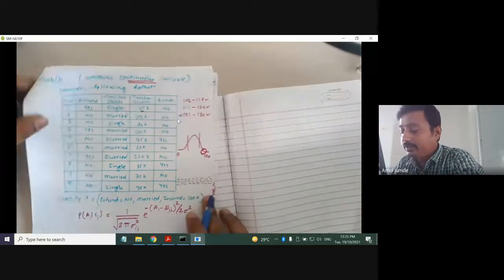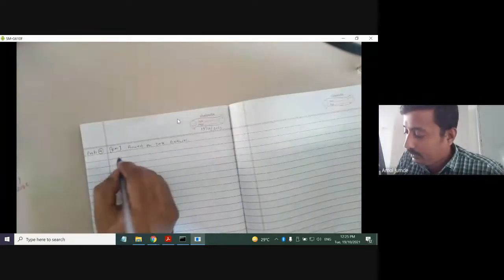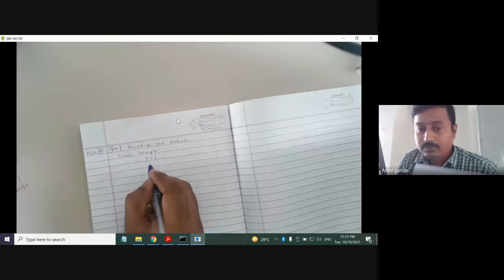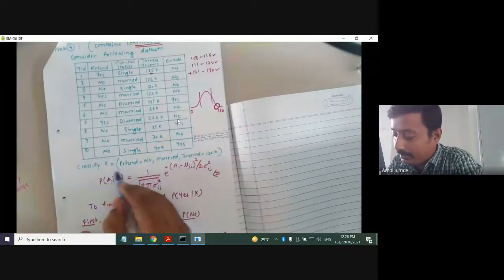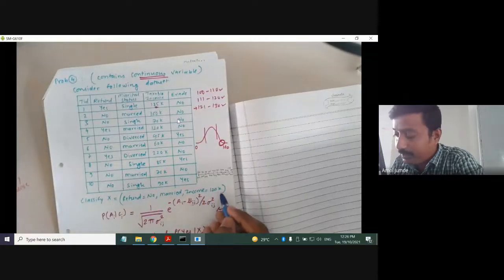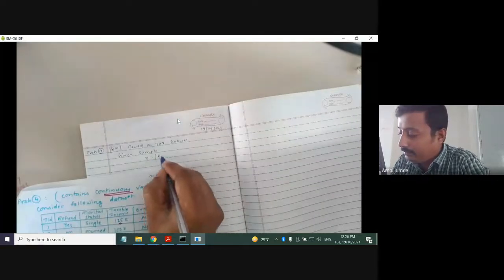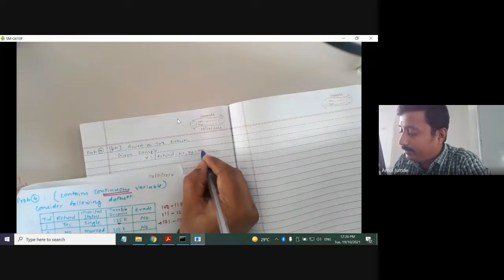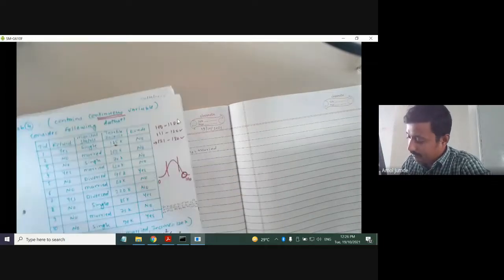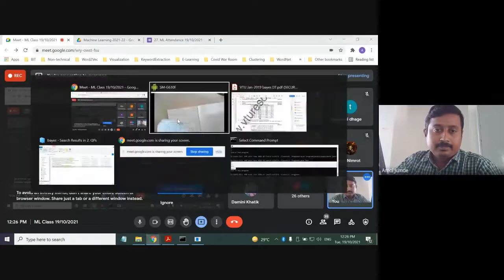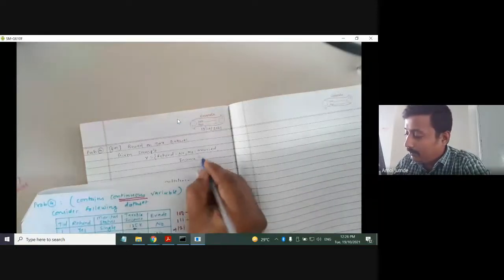We are interested in the given sample X, whose values are refund equals no, marital status equals married, income equals 120k.